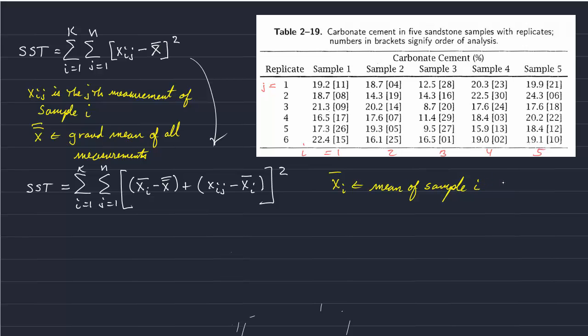And we can write that as x bar I is equal to the sum over j of xij over the size of the samples, which in this case is the same for each sample, and it's n, in this case 6.